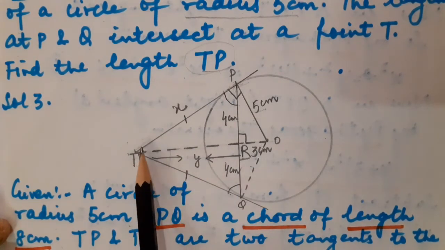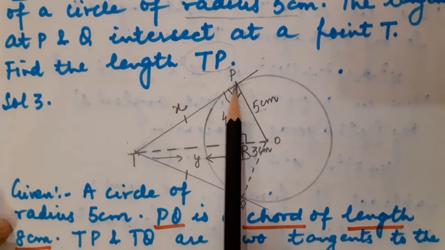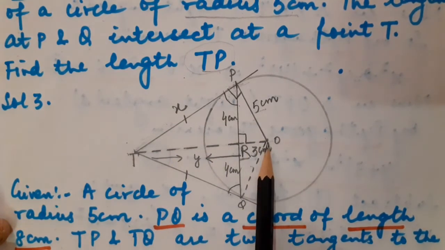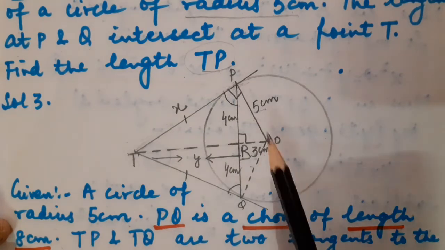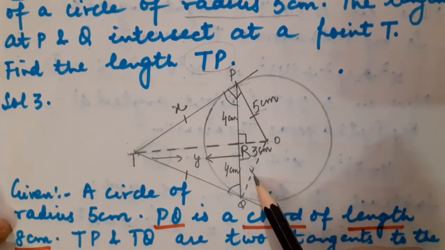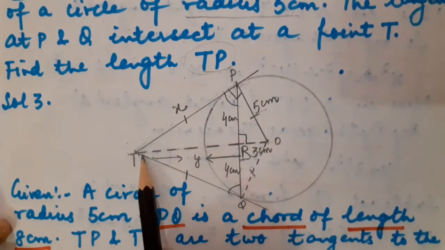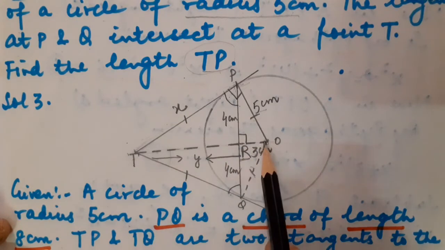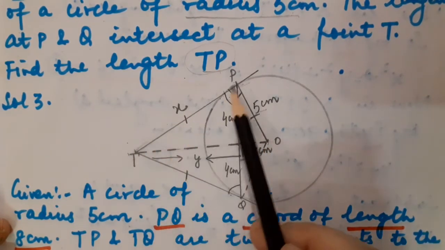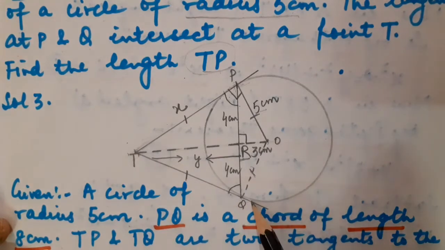First of all, you have to prove that triangle TPO and triangle TQO are congruent. How can I prove them congruent? OP is equal to OQ, radius of the circle. Okay. Now, OT is common. And the third one will be the length of the tangent from the external point is equal, means TP must be equal to TQ.